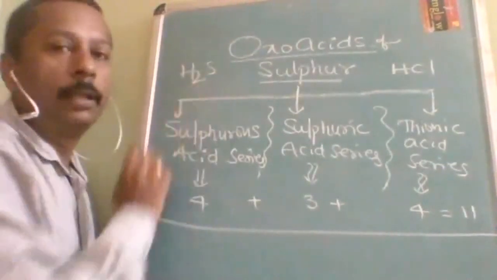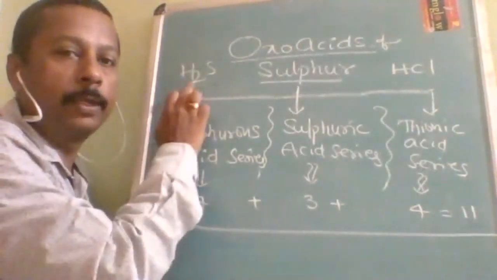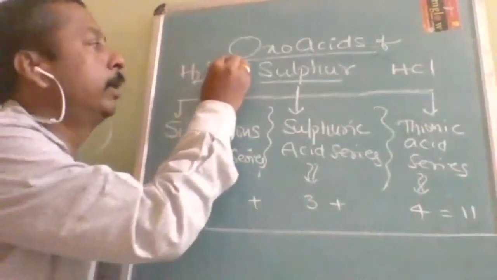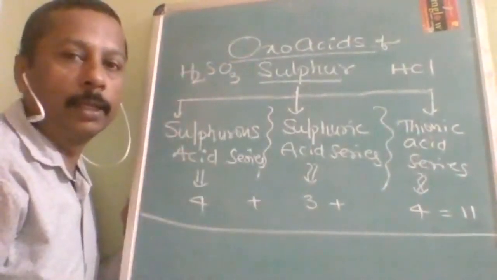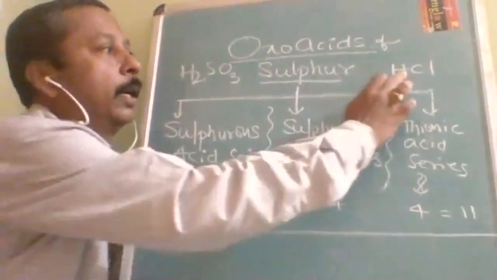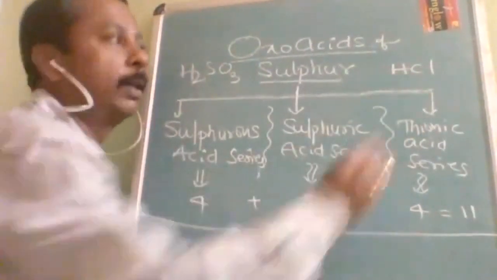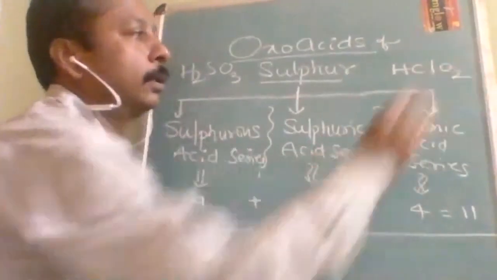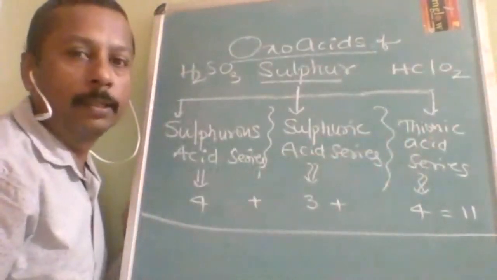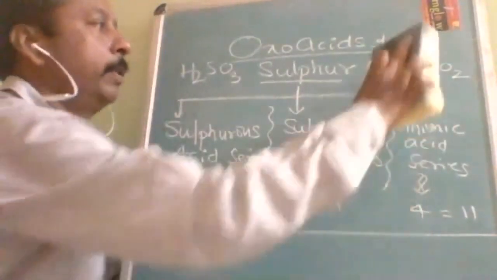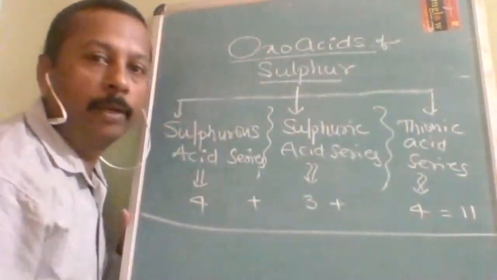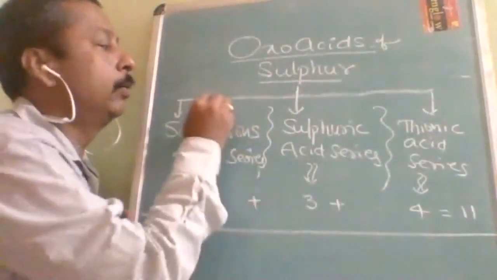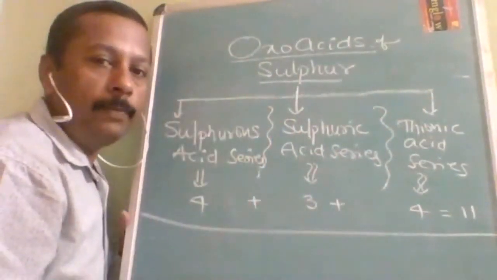Now this is a hydracid. It is a diprotic hydracid. But if I write some oxygens, it will become an oxoacid. Is it understood? This is a hydracid of chlorine, but if I write some oxygens, then it will become an oxoacid. So in this topic, we are going to discuss the oxoacids of sulfur. The types of elements present are hydrogen, oxygen, and sulfur.